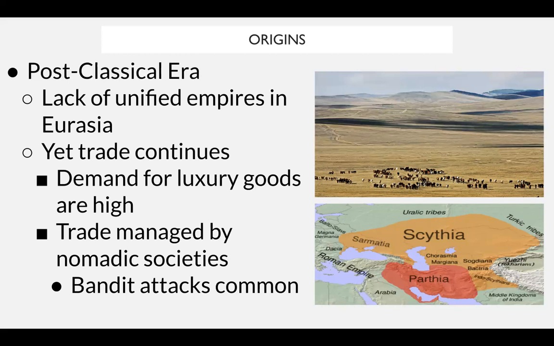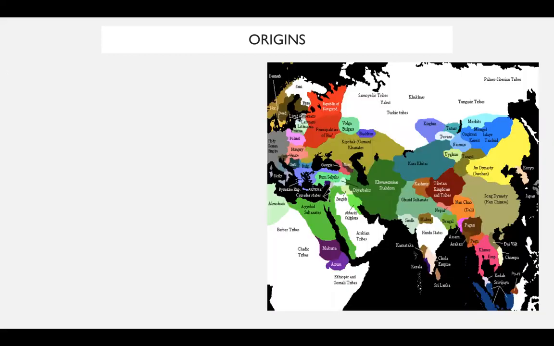But let's look at the Central Asian nomads a bit more, because they are a crucial part of the Silk Road during the post-classical period, and as we're going to see afterwards as well. I have this map up here just to show how divided Central Asia is, especially during the post-classical period, before the rise of the Mongols, who we'll talk about more in our next presentation.